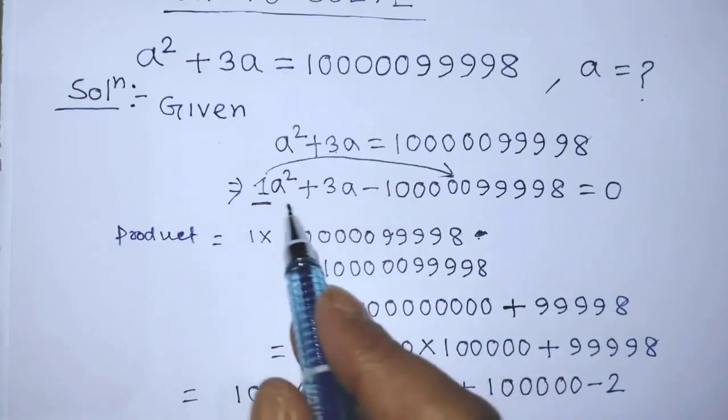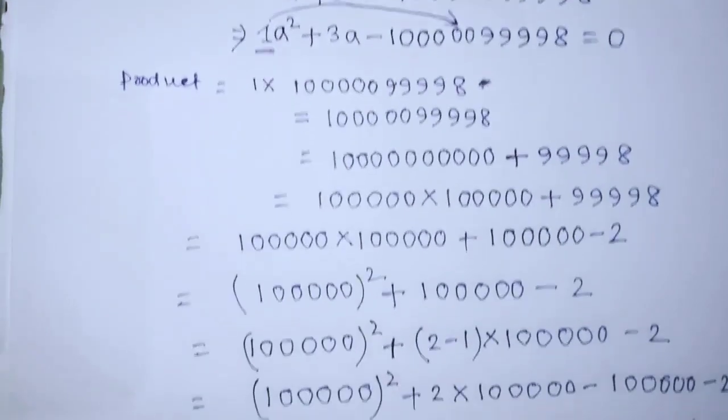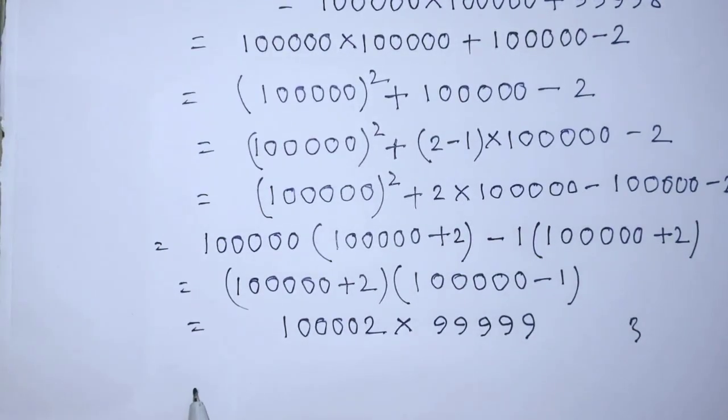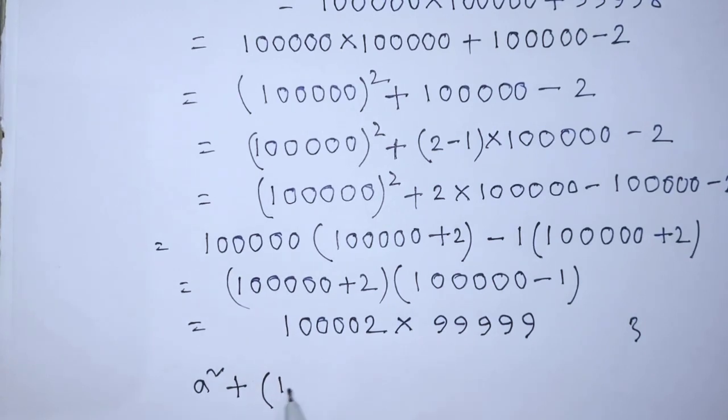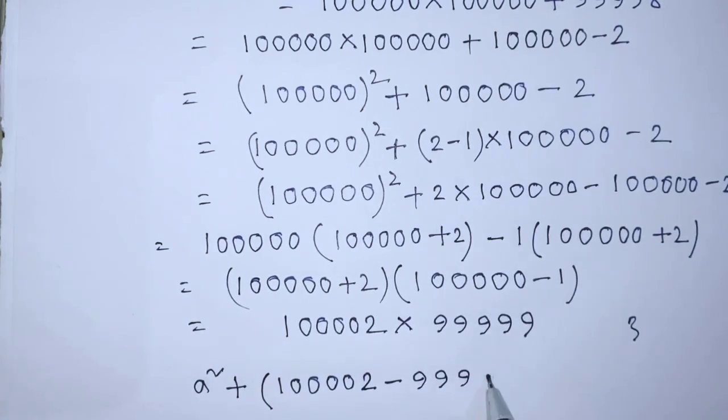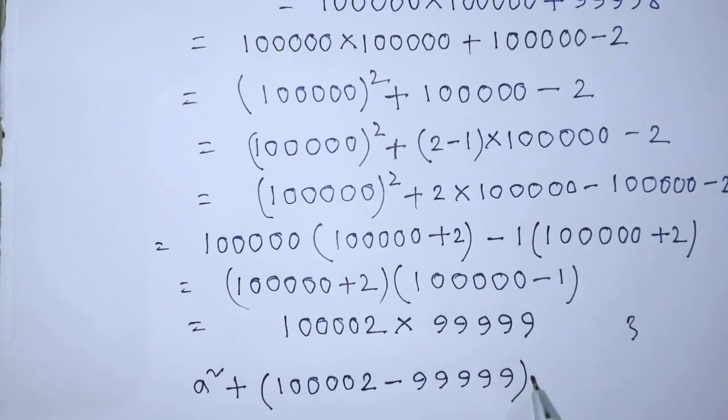So we can write from this equation a square plus, in the place of 3 we can write 1 lakh 2 minus 99,999 times a.